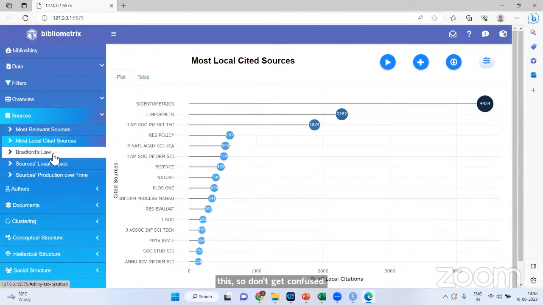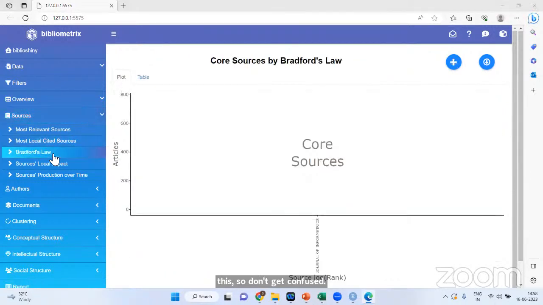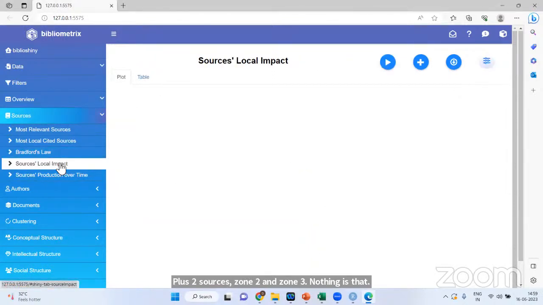Now comes Bradford's law. Here the core is Journal of Informatics, core sources are only there. Zone 2 and zone 3, nothing is there. Sources, local impact.